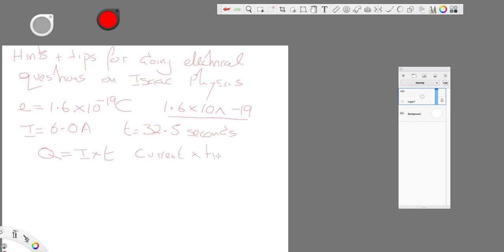And the current has to be in amps and the time has to be in seconds in order to get the charge in coulombs.